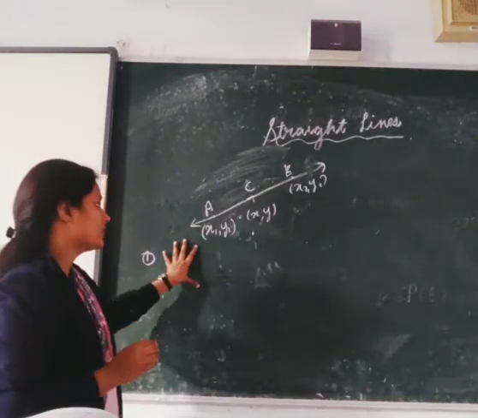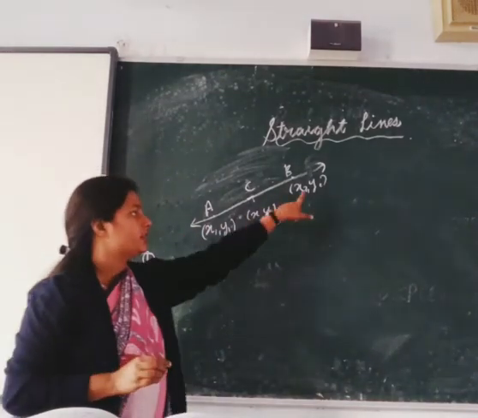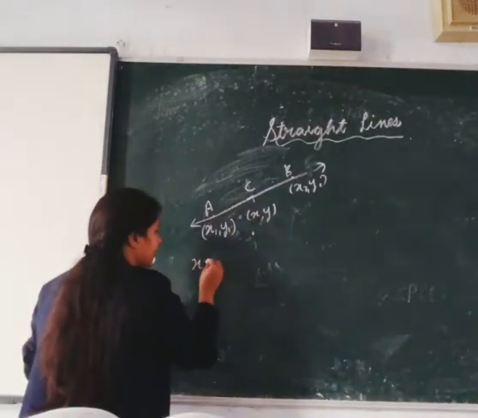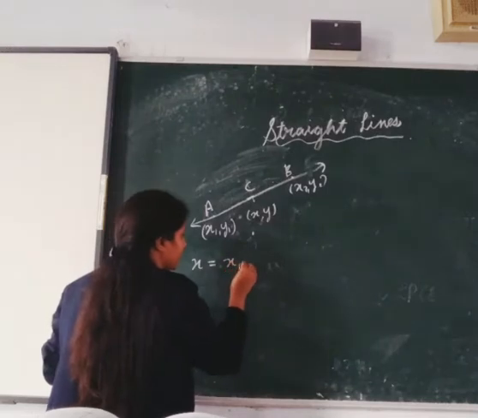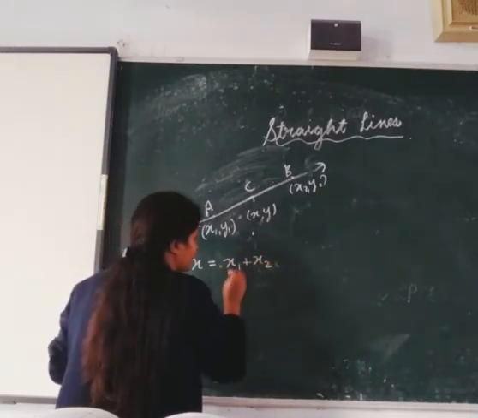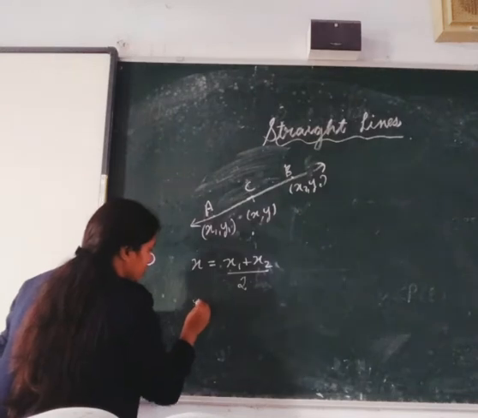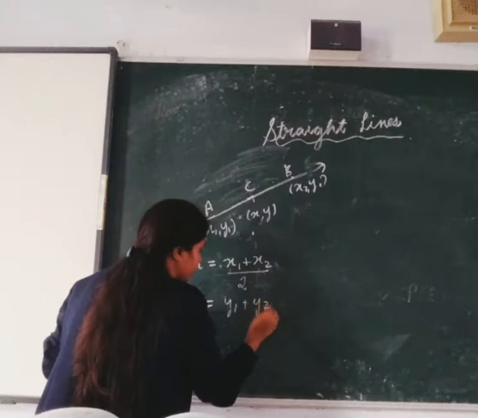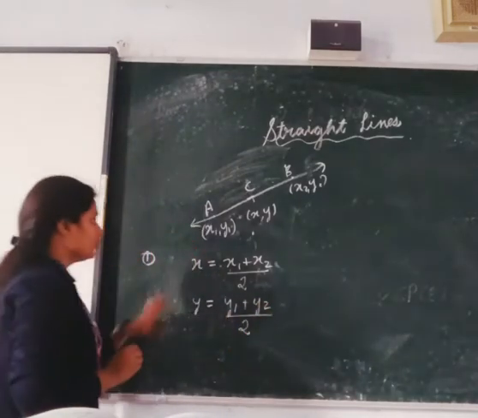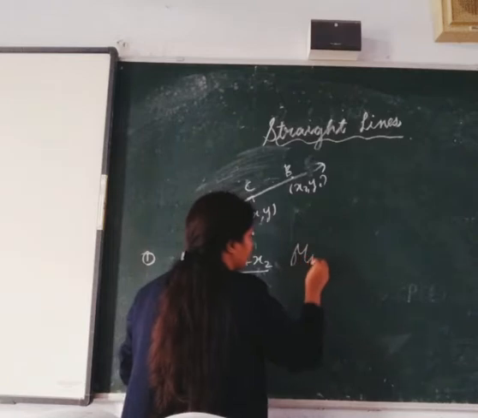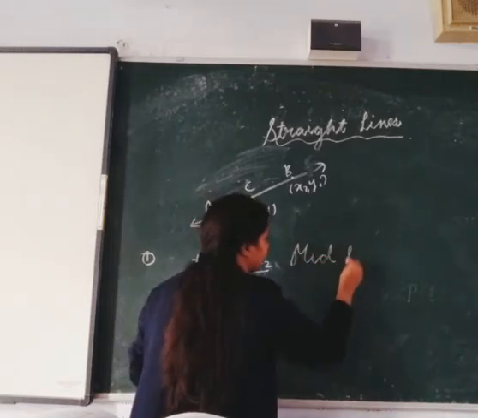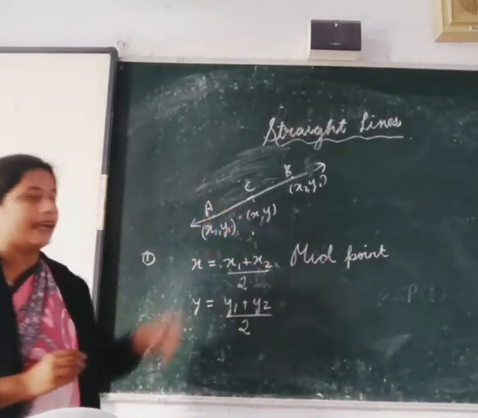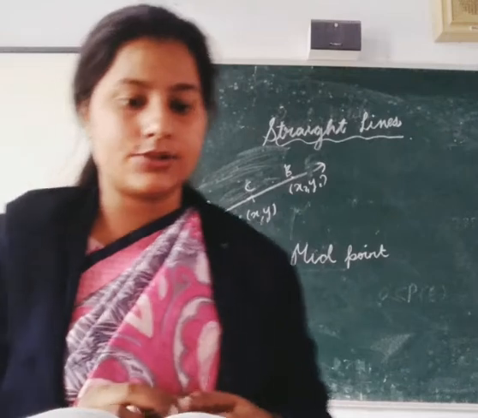Now, in case the question gives you the coordinates of A and the coordinates of B, and you have to find the midpoint, the value of x in terms of x1 and x2 will be x1 plus x2 by 2. Similarly, the coordinate of y will be y1 plus y2 by 2. So, this is the formula for the midpoint of points A and B with the coordinates that are given as such.